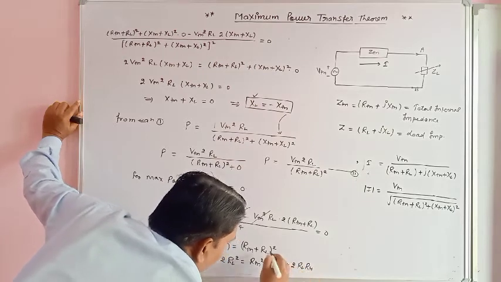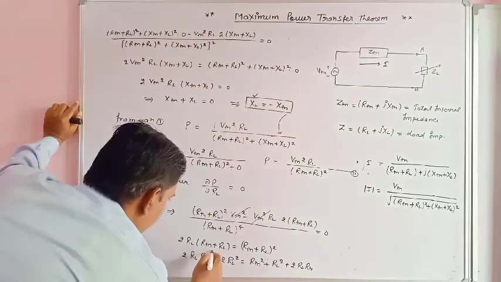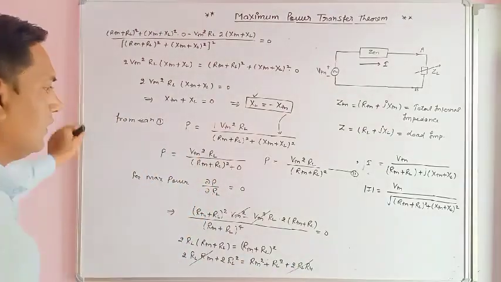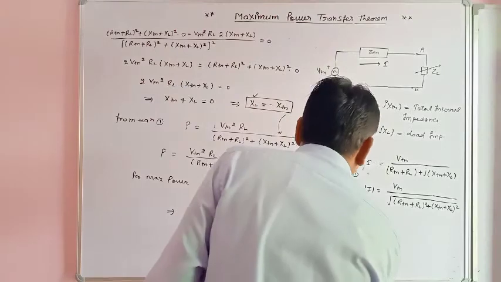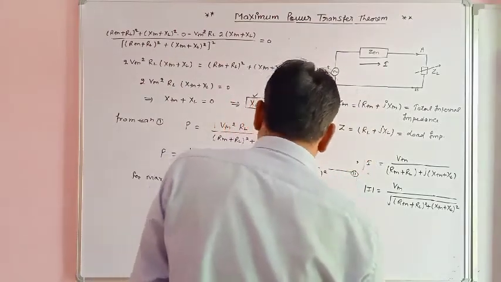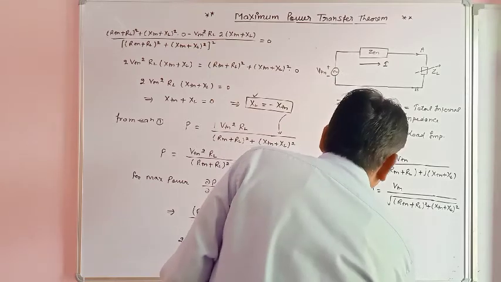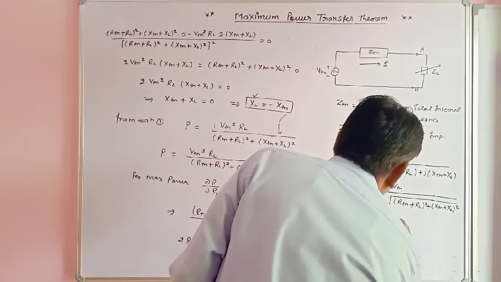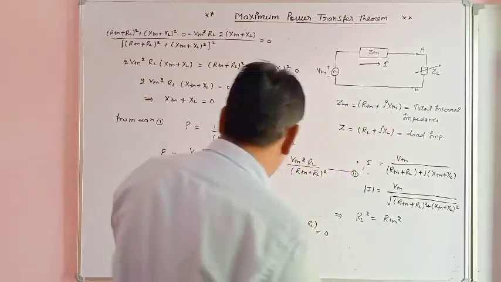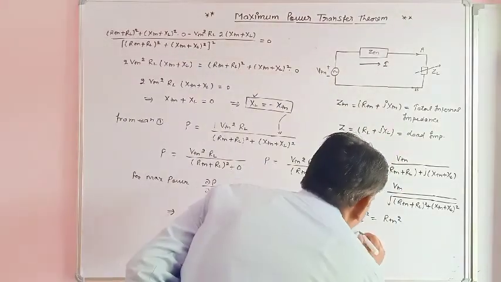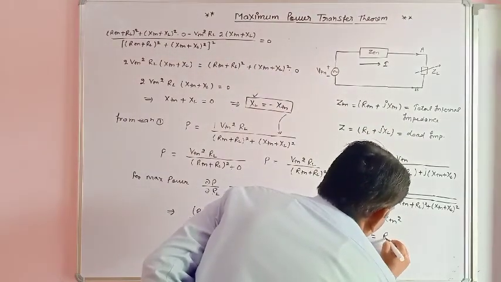We expand this whole square, then this term will be cancelled out. So we get RL square is equal to RTH square from this condition. So RL should be equal to RTH.